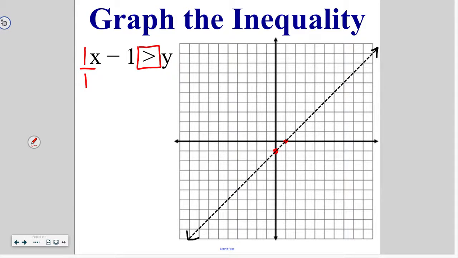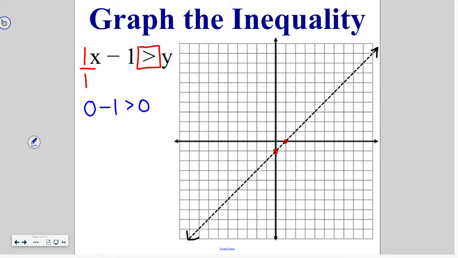The next part that we have to worry about is deciding which side to shade. As I said before, you're going to want to use (0, 0) as a test point because the line is not touching (0, 0). So that means we're going to plug in 0 for x and 0 for y, and then see if this is a true or false statement.